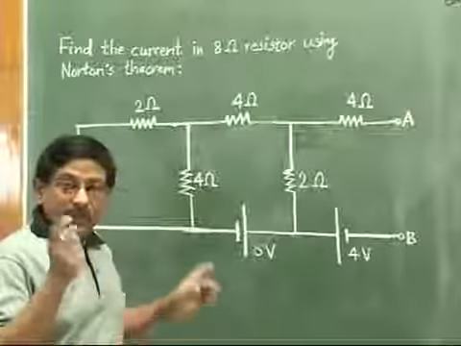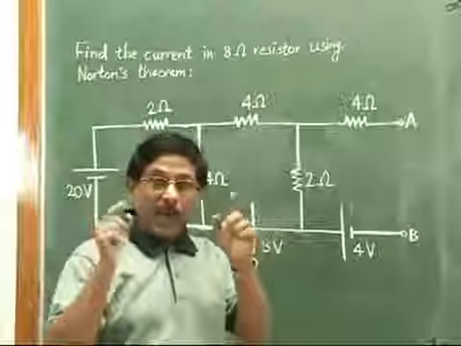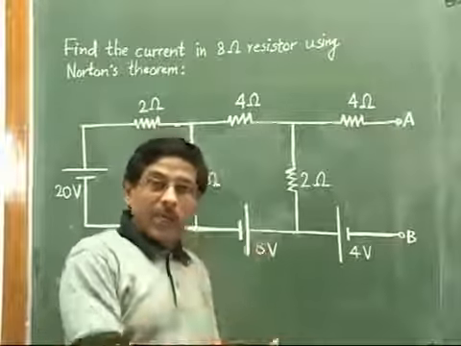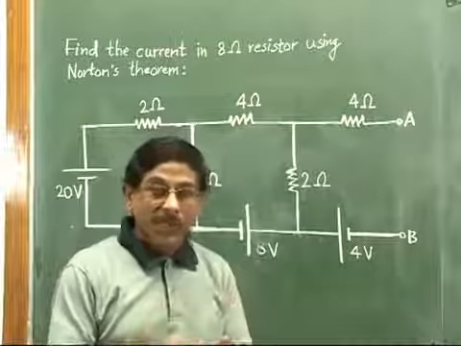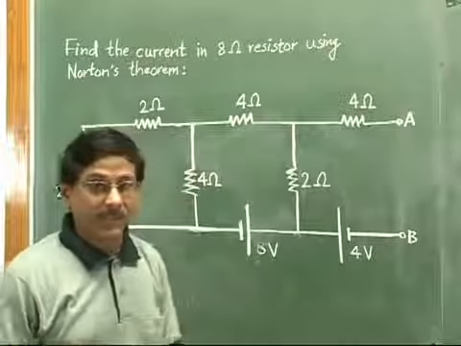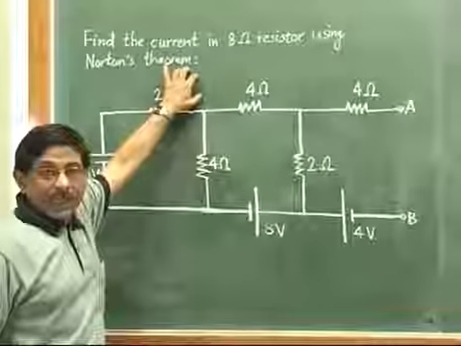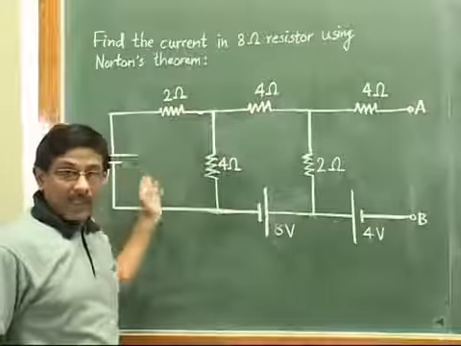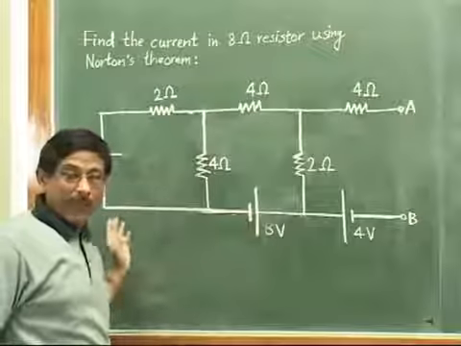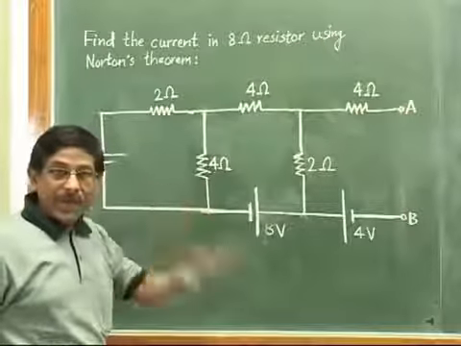And if the sources are not ideal, if they are practical, then let it be a voltage source or current source, they should be replaced by their internal resistances. Now see our problem statement. In the problem statement, nothing is mentioned about the internal resistances of these voltage sources or of these batteries. That means our sources are ideal sources.